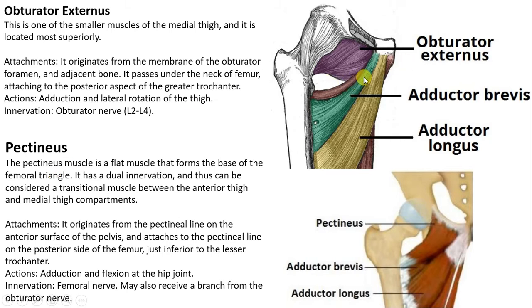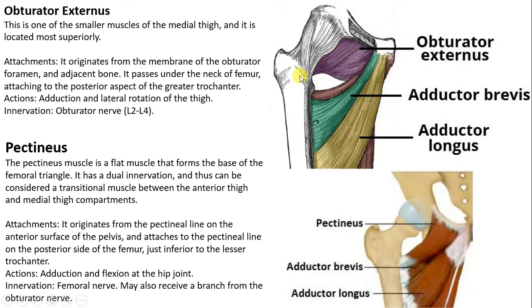We can appreciate their action here, seeing that this is the muscle obturator externus. It comes from near the acetabulum and goes laterally to be attached near the intertrochanteric groove.